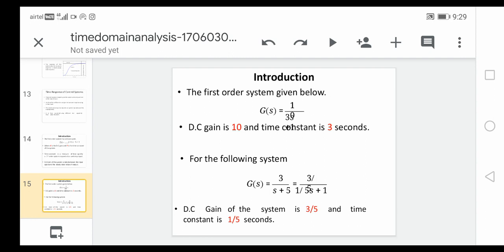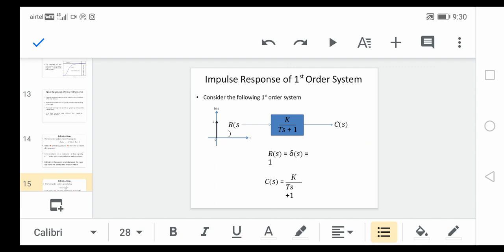Here also, take 10 divided by 3s plus 1. Here k is the gain, and in 3s plus 1 you take 3 common, then you get s plus 1 by 3, where 3 is the time constant.